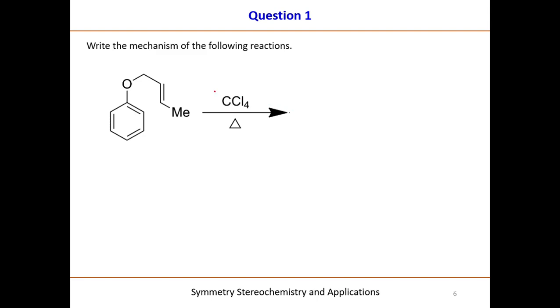I will write here concerted mechanism. That means there is no carbocation or carbanion formation, and no cross product will form here. So I will write here the rearrangement type reaction.